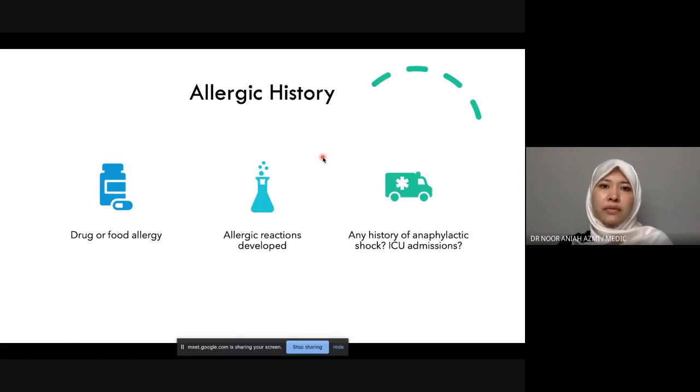Sometimes they don't know that they had anaphylactic shock, but you ask them, have you had a history of ICU admission because of allergy? I had a patient like that as well. So when I knew that the patient had a history of anaphylaxis, I was very careful, and we tried to avoid giving them things that could cause allergy, like the dye for one of the diagnostic tests in ophthalmology.